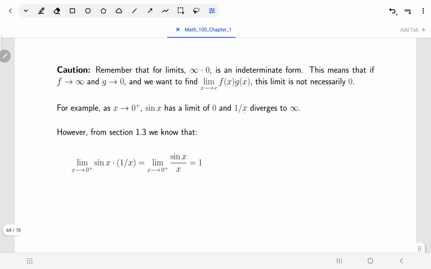So sine of x times 1 over x, that's a 0 times infinity, and some people might say that's infinity, some people might say that's 0, but both people would be wrong because sine times 1 over x is the same thing as sine x over x, and we know from 1.3 that that has a limit, and the limit is 1. So if we have something where it's 0 times infinity, we'll have to keep in mind that's indeterminate. That means do something to it to figure things out. Unfortunately, you can't just make a conclusion on something that's indeterminate.